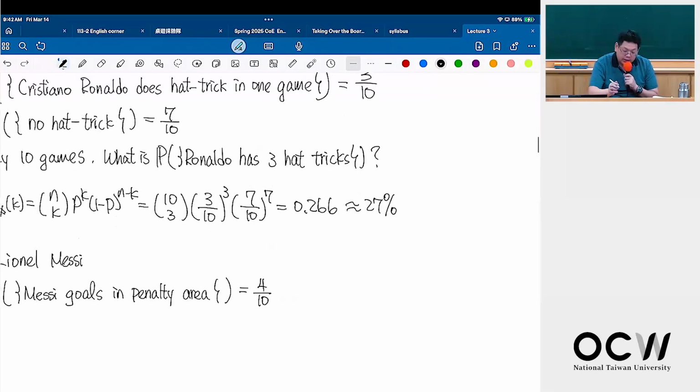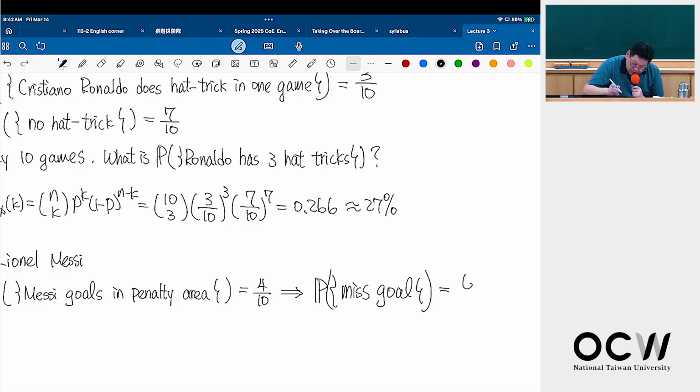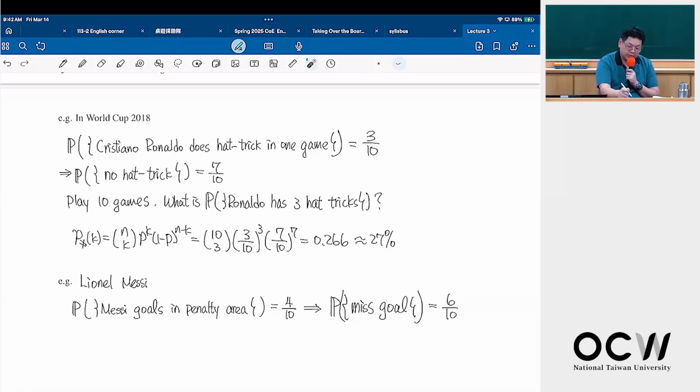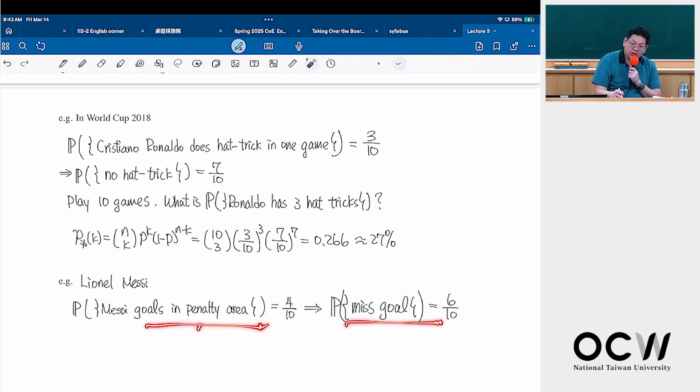This also implies what? If he missed the goal, the missed goal will be how much? 60%. Right. So again, it's either in or out. So two possibilities, yes or no. Okay, so there'll be Bernoulli.